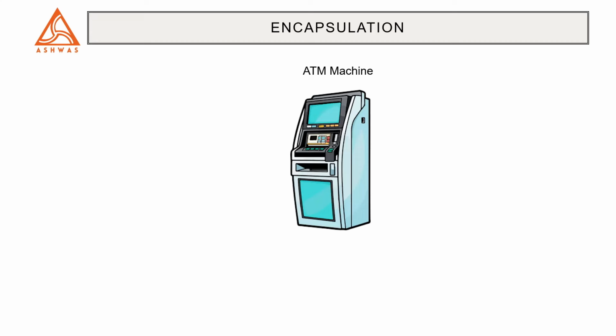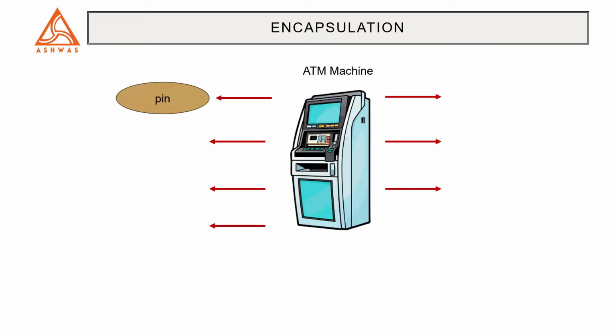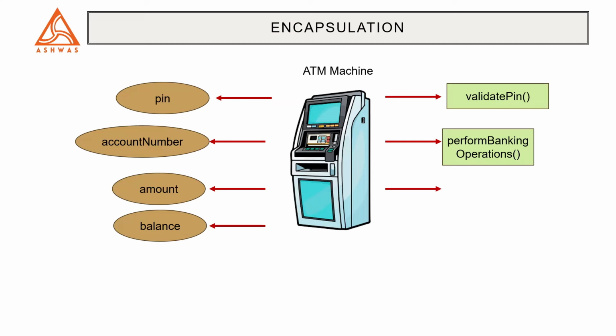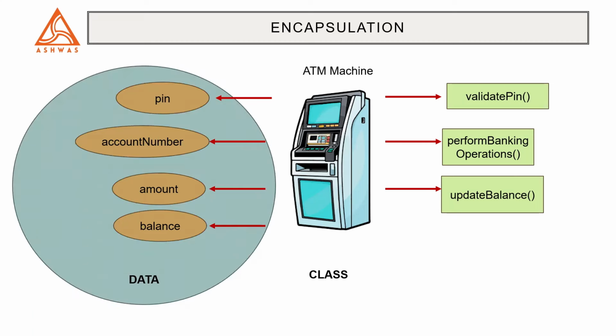This machine has numerous attributes such as PIN, account number, amount, balance, and it displays some behavior or allows some methods such as validate PIN, performing banking operations, update balance. Now, when we consider the ATM machine as a class, then PIN, account number, amount, and balance become the data, the attributes of the class.